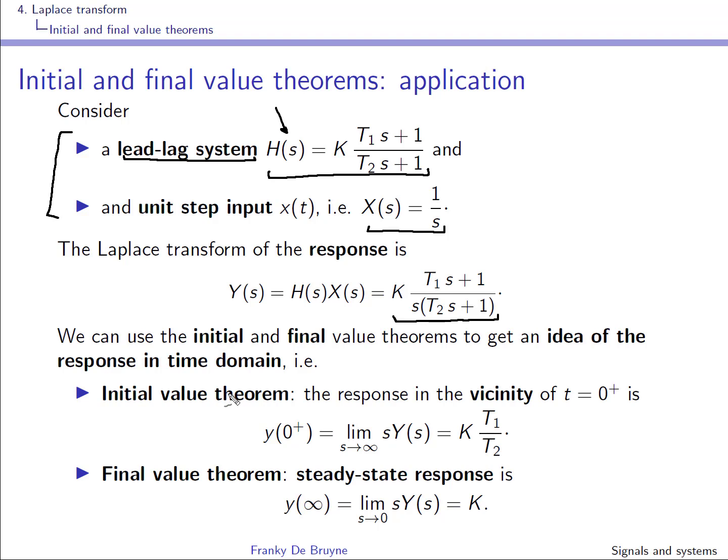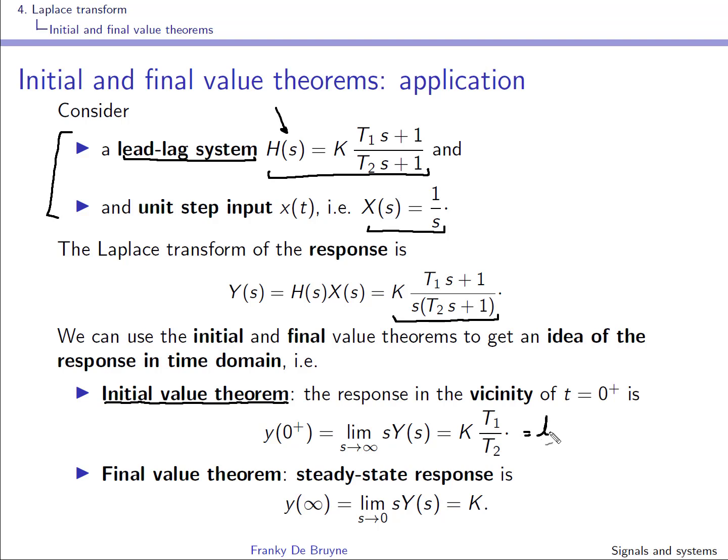So what we'll do is use the initial value theorem to have an idea of the step response in the vicinity of 0. What we have to do is take this one, multiply by s, so this means that this one will cancel out here, and take the limit when s goes to infinity.